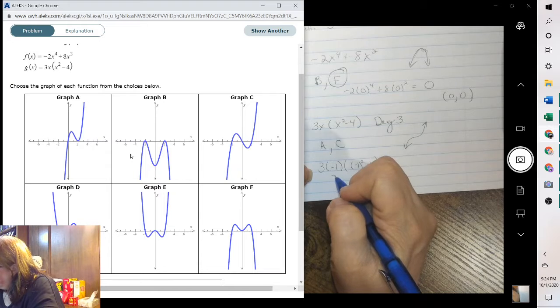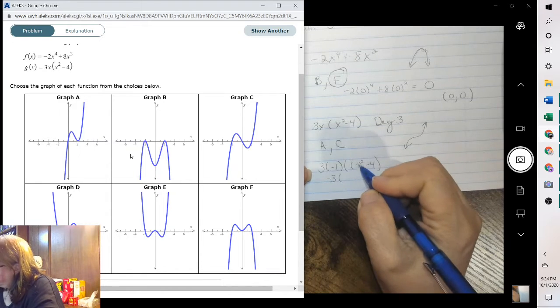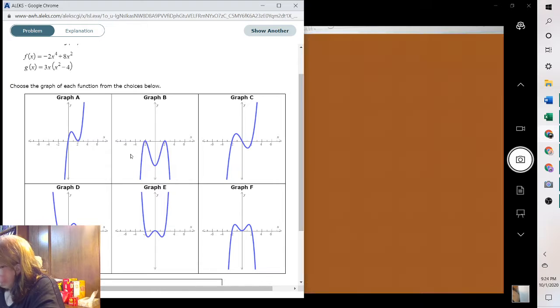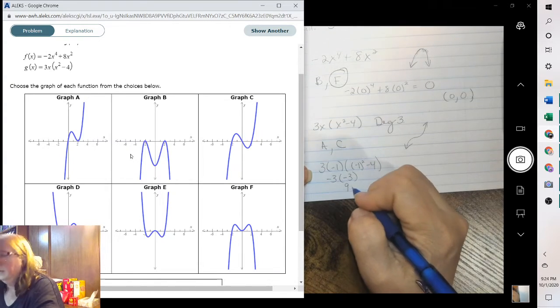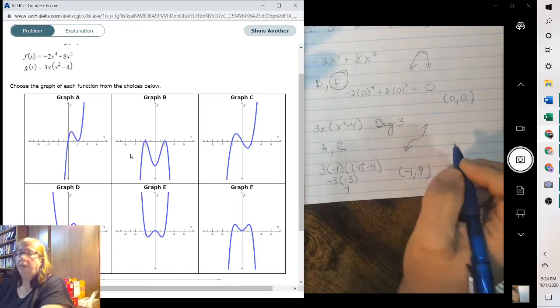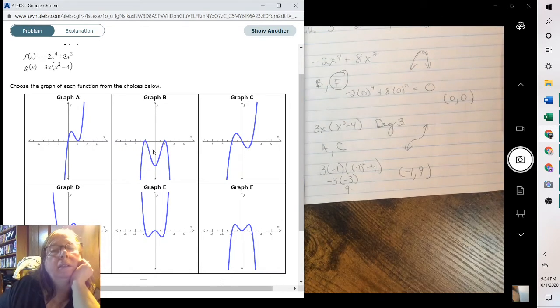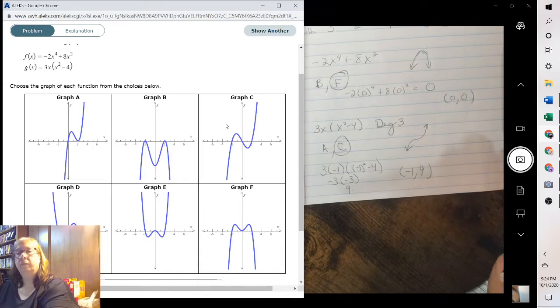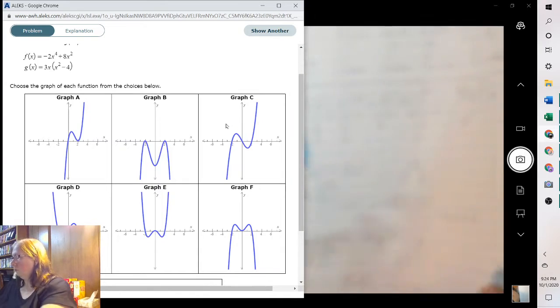Three times negative 1 is a negative 3. Here we have 1 minus 4 is a negative 3, which gives us a positive 9. So it's negative 1, 9. This one would work. This one at negative 1, we're down here. So it would have to be C. Let's try another one.